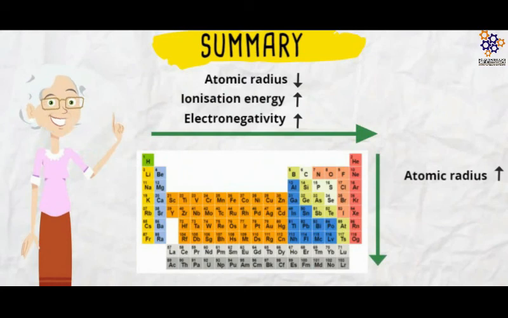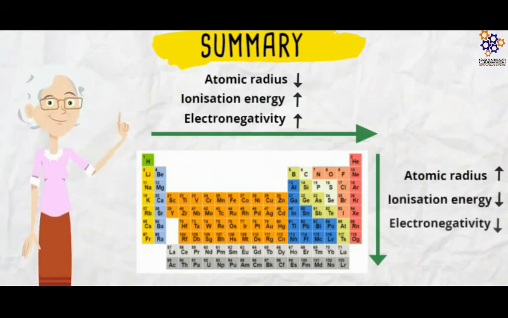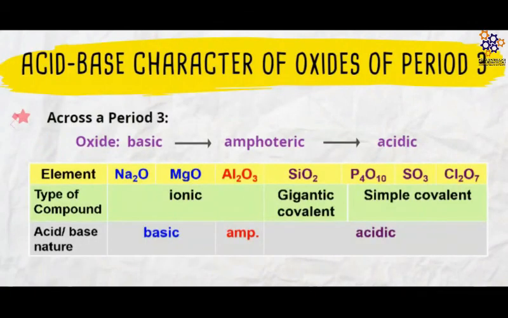Down a group, atomic radius increases, ionization energy decreases, and electronegativity decreases. And across period 3, the acid-base character of oxides changes from basic oxide to acidic oxide via amphoteric oxide in the middle.